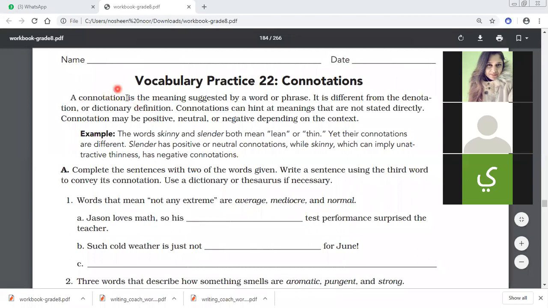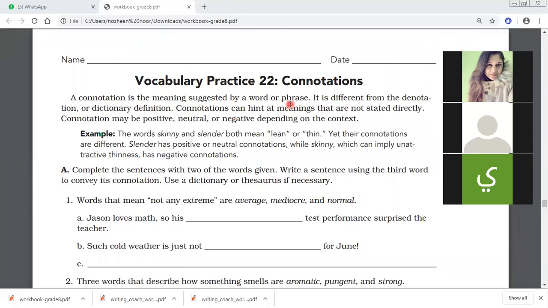A connotation is the meaning suggested by a word or phrase. As we have taken connotations even in the previous grade, they are the underlying meanings, or secondary meanings to the word. They are not literal. They are different than literal.